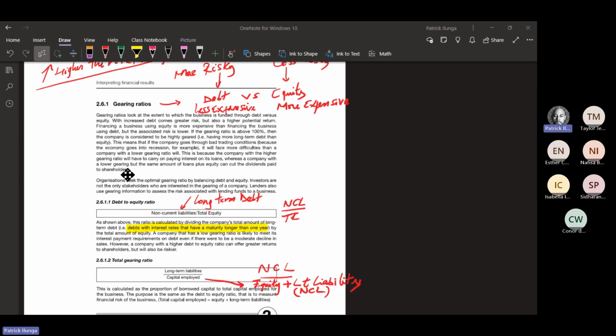Two of them are the debt to equity ratio. Very important. And you just need to remember non-current liability, because we are not looking at that short-term small credit you are taking from your supplier. I don't know if any of you is running a retail business or a restaurant right now. It doesn't matter, but you have people who are supplying you. We're not talking about that.